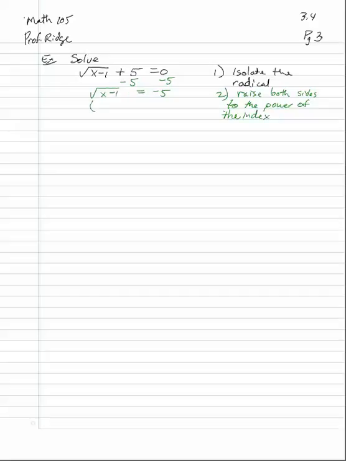In this case, it's a square root, the index is 2, so we're going to square both sides. So if I square both sides, you get x minus 1 equals 25. And then you're going to solve the resulting equation, just like we did with the rational equations. Depending on what you get, you use whatever technique is appropriate.